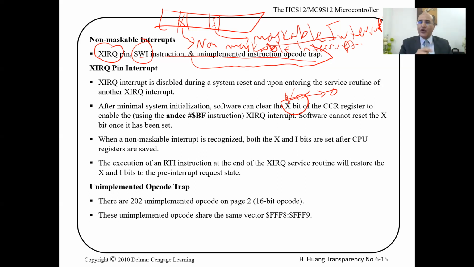A trap means go to an interrupt service routine, okay, called a trap, that you provide its address in this location, and execute something there, like displaying a message, oh, sorry, this is not a valid instruction, or do a restart, or whatever, okay? This is an unimplemented opcode trap.